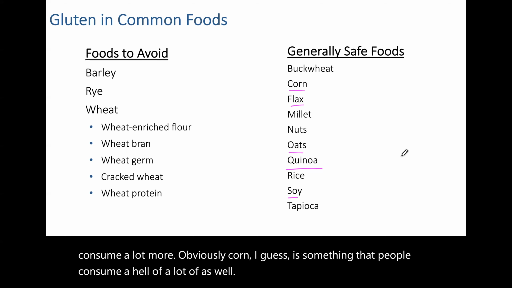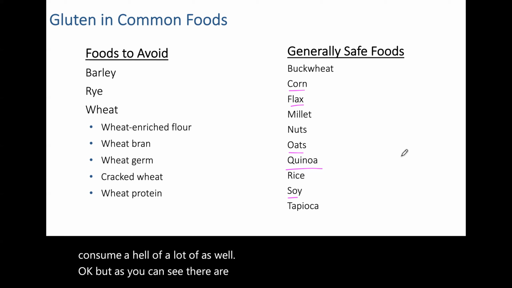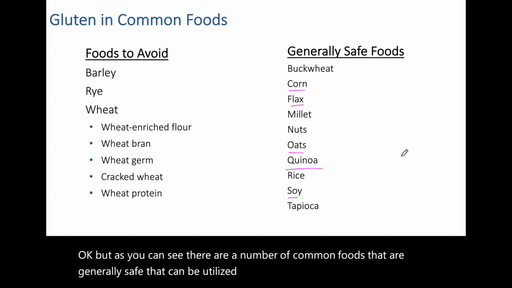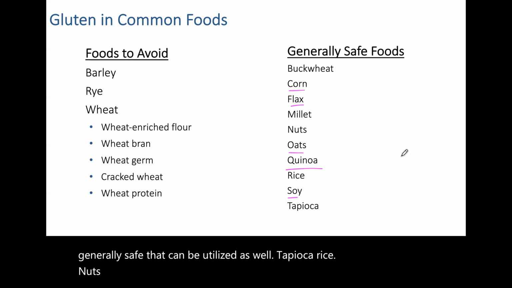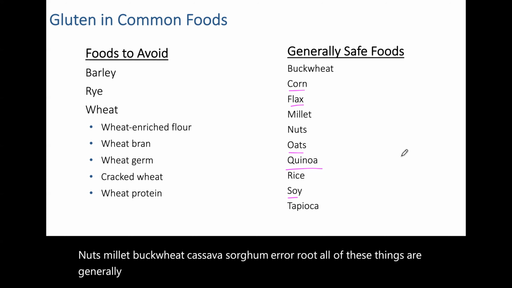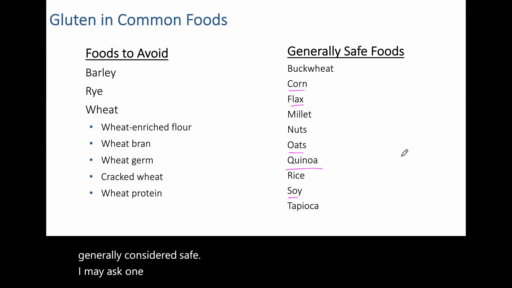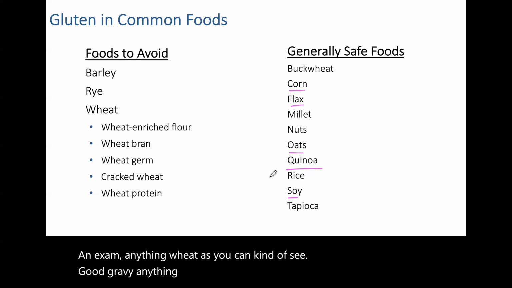As you can see, there are a number of common foods that are generally safe that can be utilized. Tapioca, rice, nuts, millet, buckwheat, cassava, sorghum, arrowroot. All of these things are generally considered safe. I may ask one or two of them on an exam. Anything with wheat in front of it is a food to avoid.